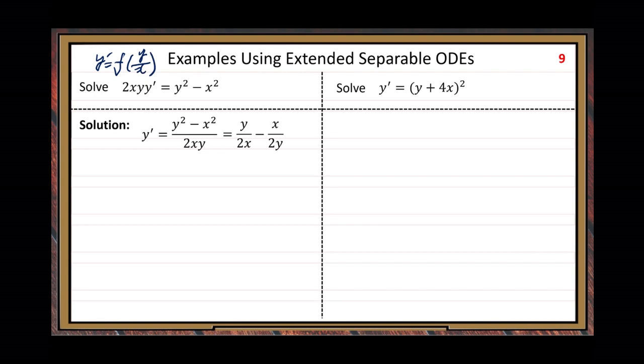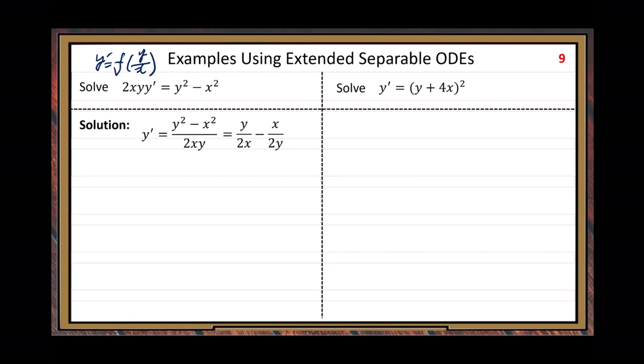Can you see this form? This is the one we discussed last time. When we see this form, we can introduce a new variable to represent y over x. How close is our current expression compared with this f of y over x function?